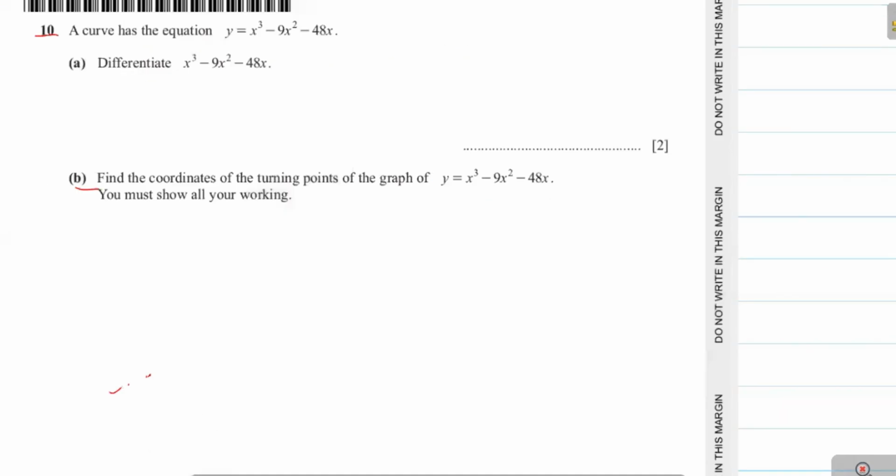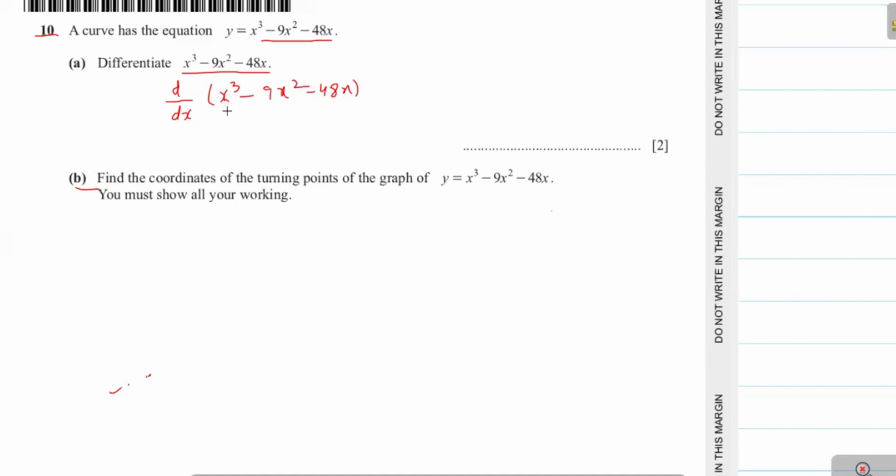Question 10. A curve has equation y equal to x cubed minus 9x squared minus 48x. Differentiate this. To differentiate, we write d over dx of x cubed minus 9x squared minus 48x.